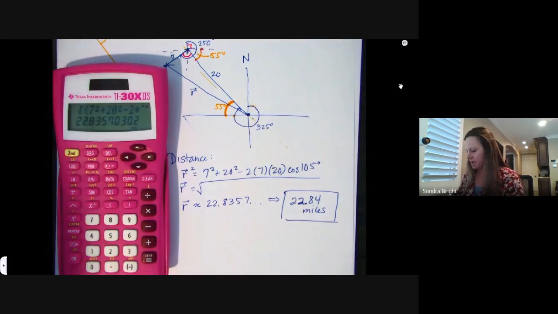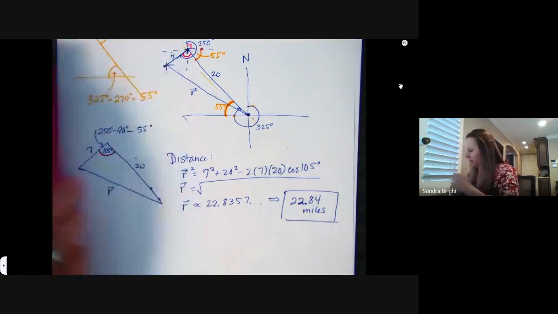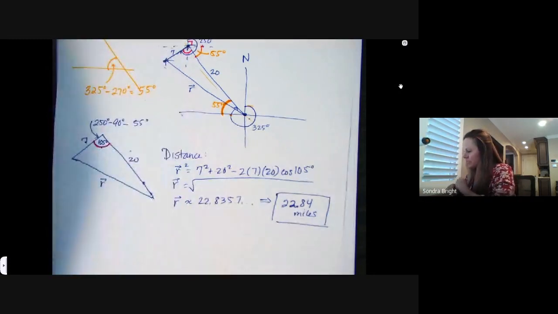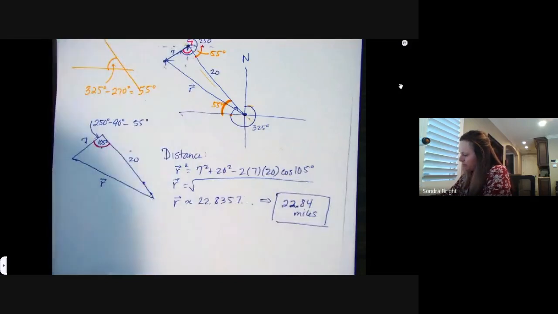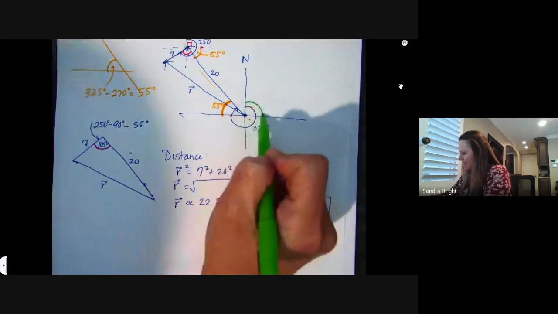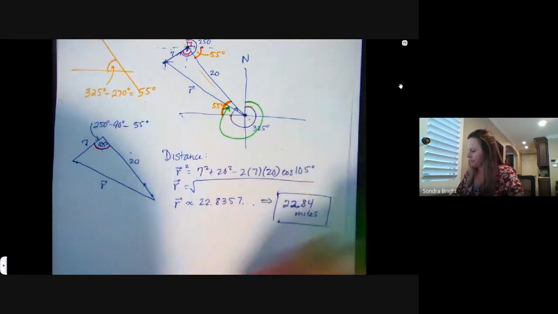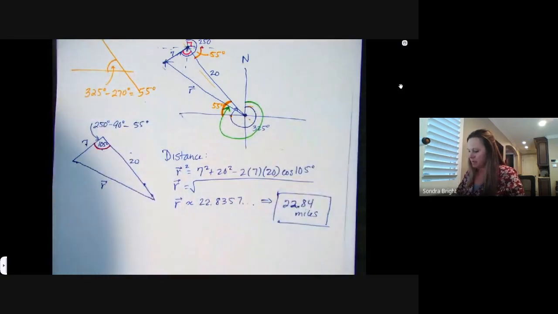Okay. Now, bearing. The bearing of this guy is going to be, let's see, what other color do I have? We'll do it in green. The bearing of the resultant vector would be from the north, going clockwise, but stopping right there. Yeah, that's going to be your bearing.